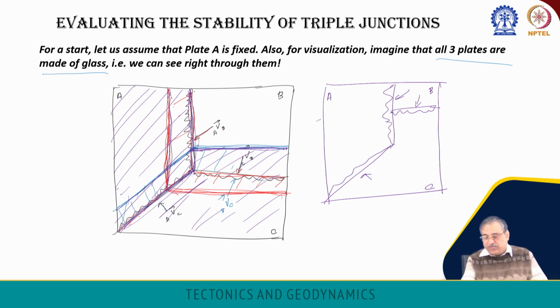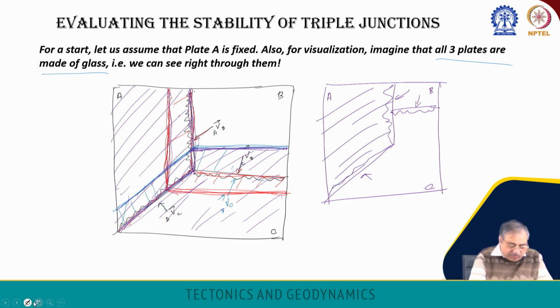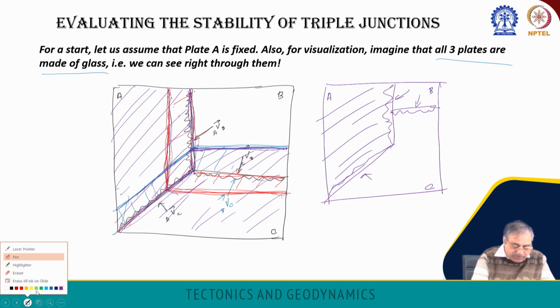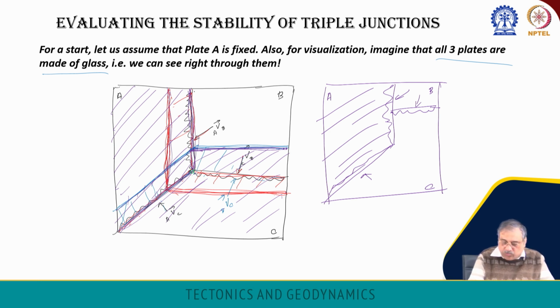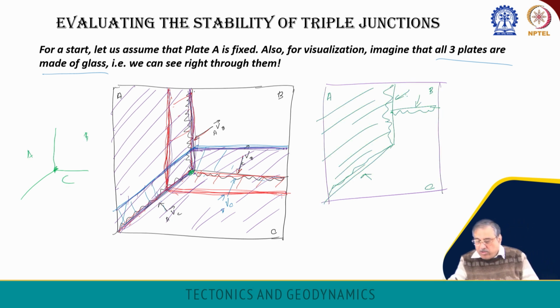The configuration is plate A, we assumed it to be stationary, so plate A stays where it is. But you can see the position of the triple junction now. Where was the triple junction? The triple junction was here, and around this triple junction in this diagram you had this kind of sequence. So you had A, B, and C here in this diagram. Now if you look at the new position, what do we see?